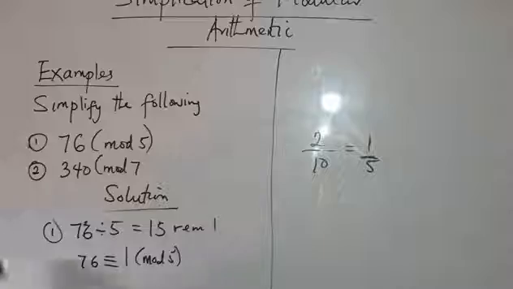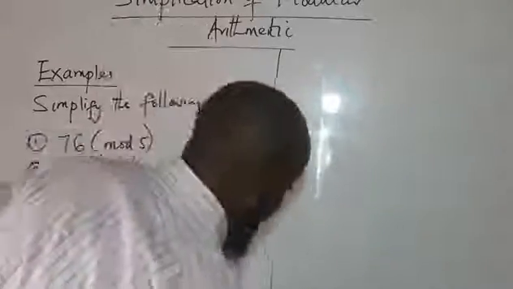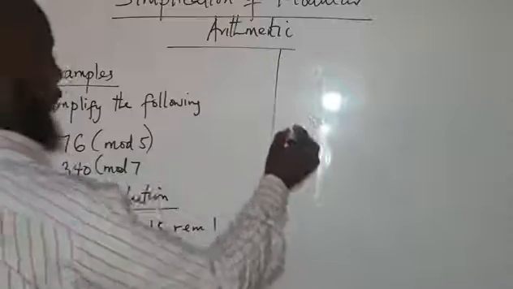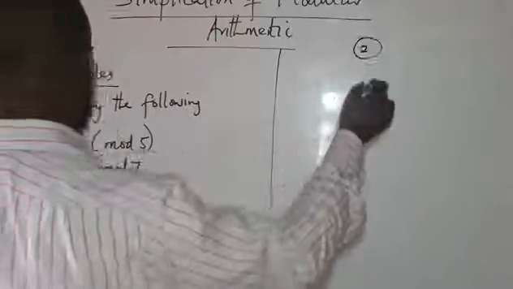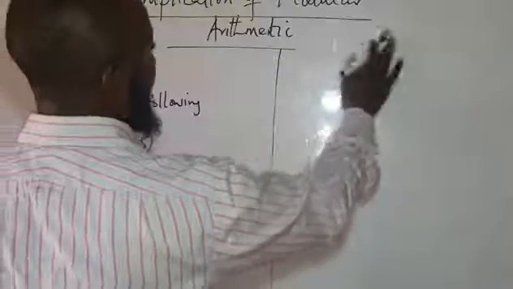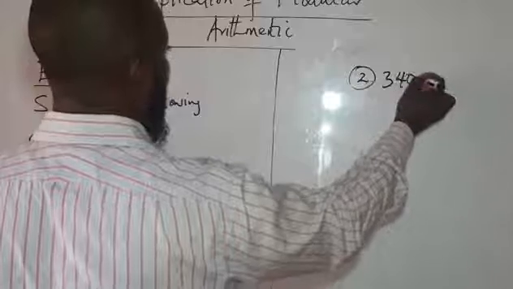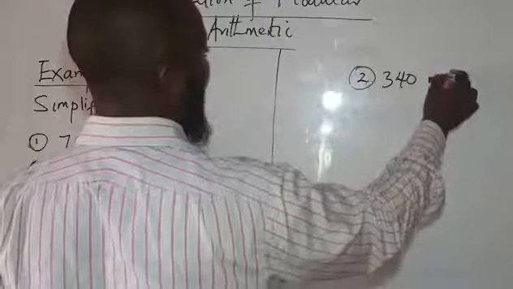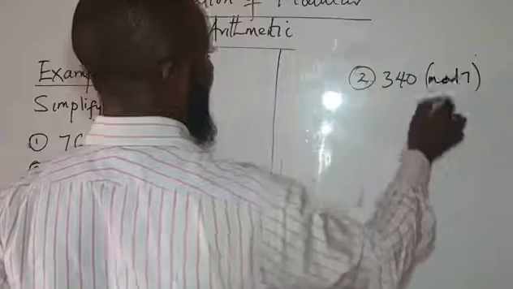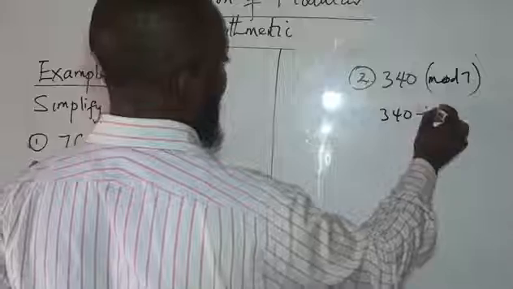Then for the second part here, which is 340, we're going to divide it by the mode 7. So that is 340 divided by 7.